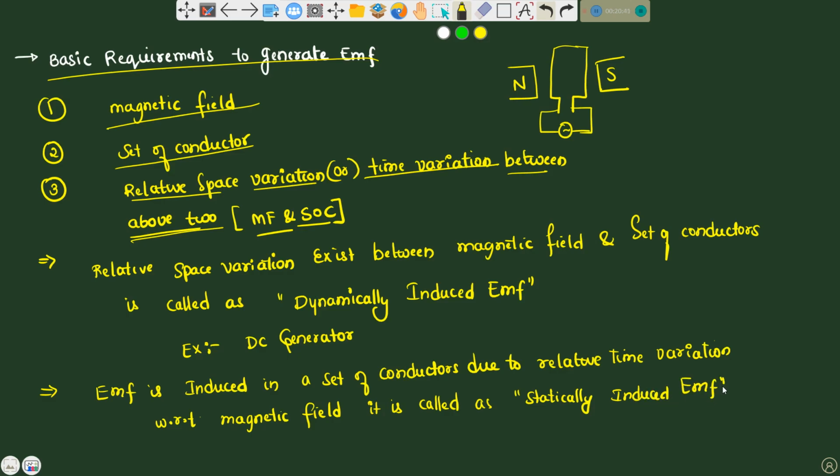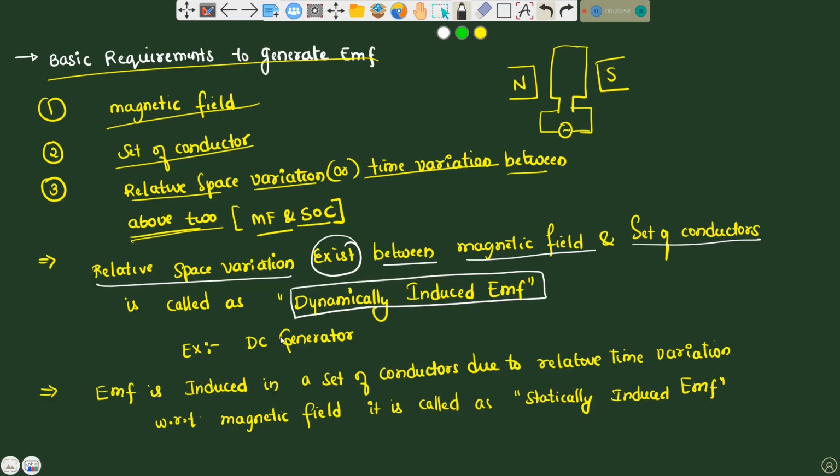Okay, remember this. If any relative space variation exists between the magnetic field and the set of conductors, it is called dynamically induced EMF, and the example is a DC generator.